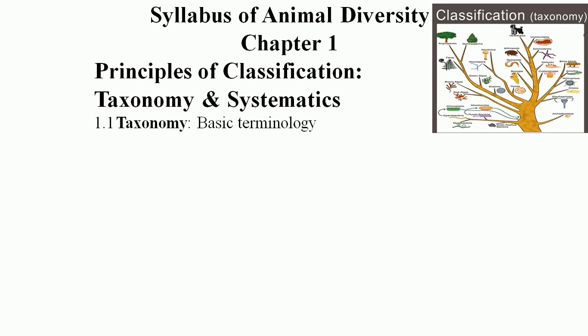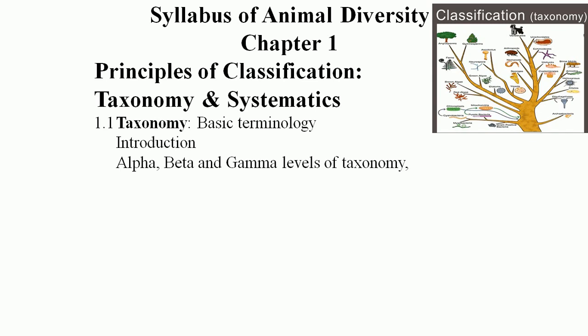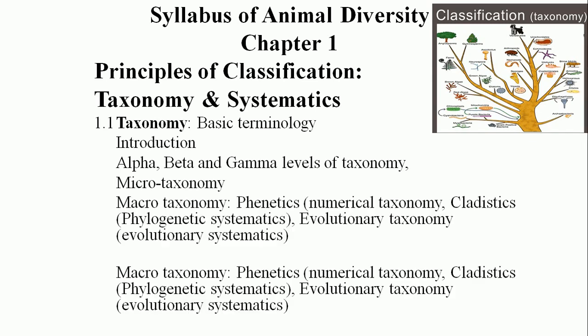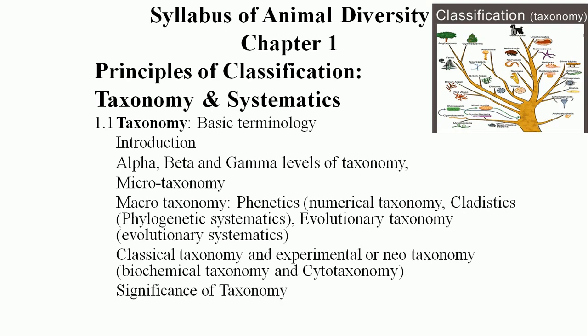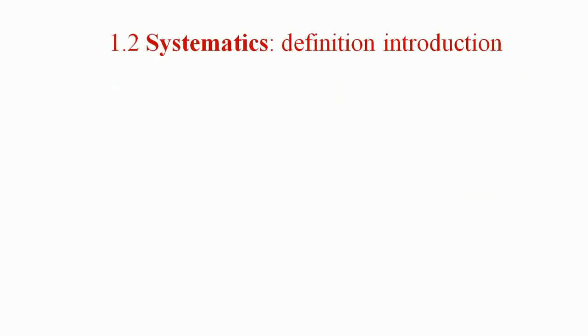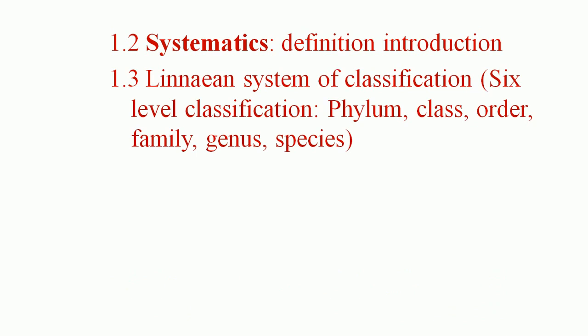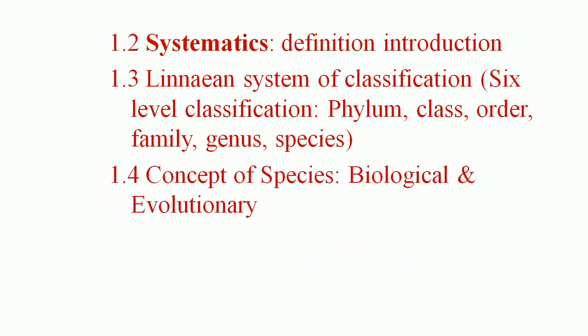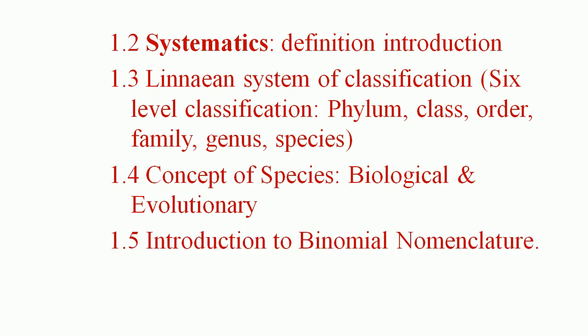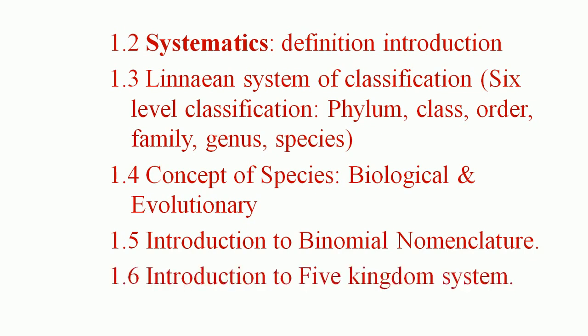In the taxonomy part, we learn the basic terminology, introduction, levels of taxonomy, types of taxonomy, and economic importance of taxonomy. I deal with this part, and the second half, systematics, is conducted by Dr. Evle: introduction, classification, the concepts of evolutionary and biological species, binomial nomenclature, and 5 kingdom classification.